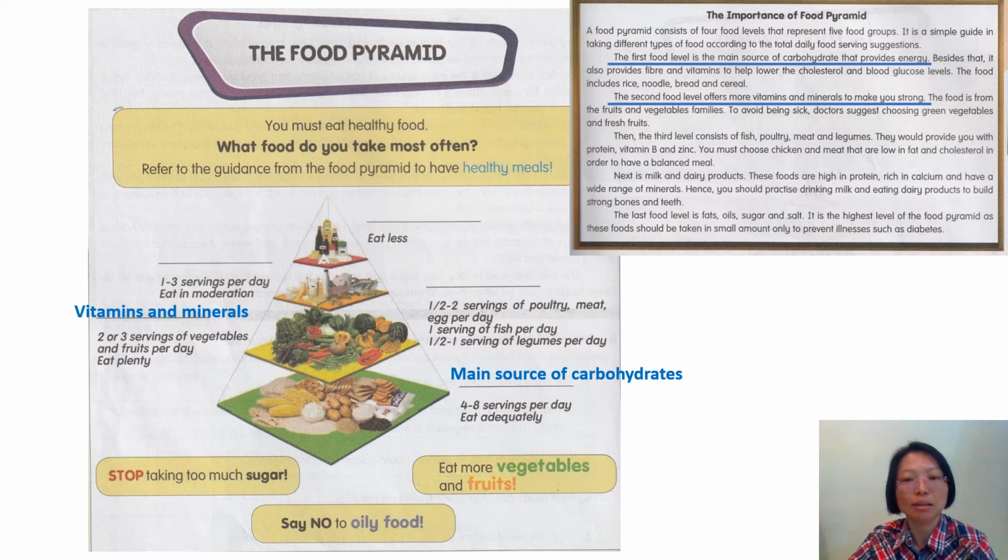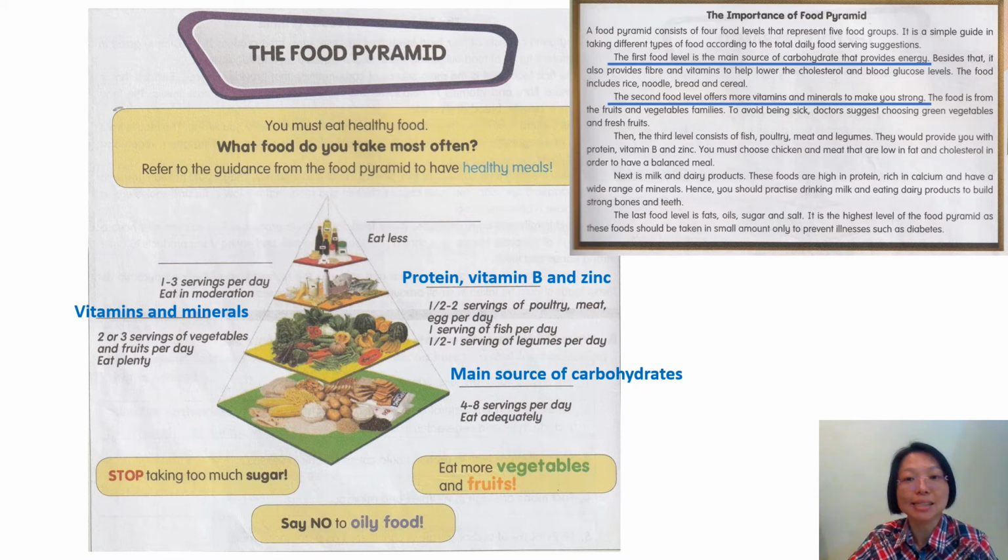Now let's look at the next level of the food pyramid. We have protein, vitamin B, and zinc. For protein, vitamin B, and zinc, we can take half to 2 servings of poultry, meat, and egg per day, 1 serving of fish per day, half to 1 serving of legumes per day.